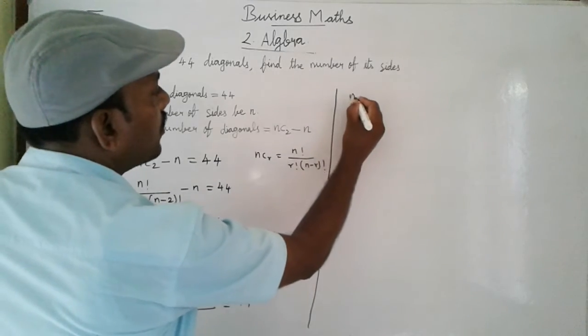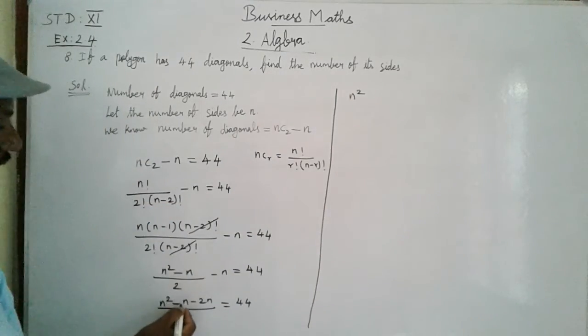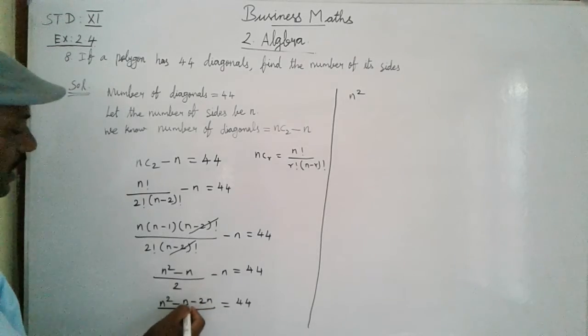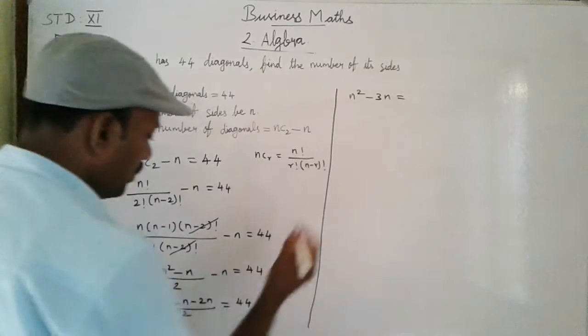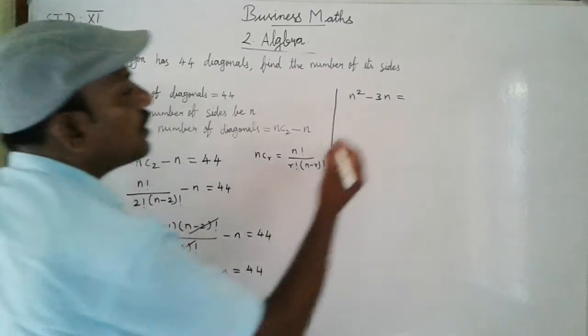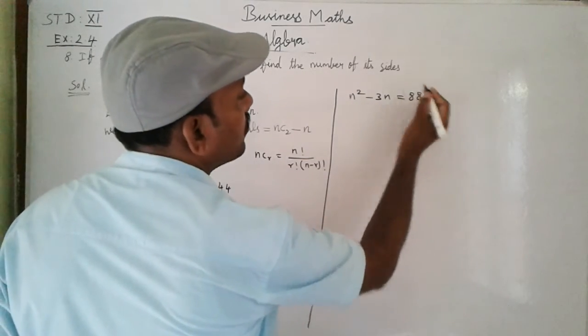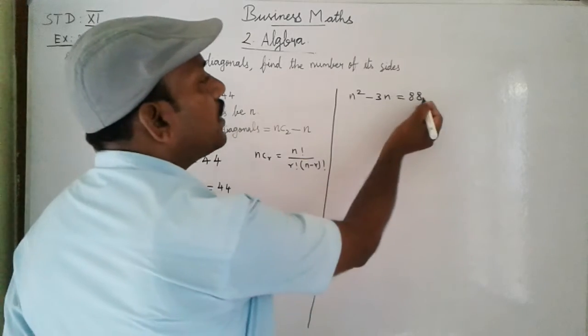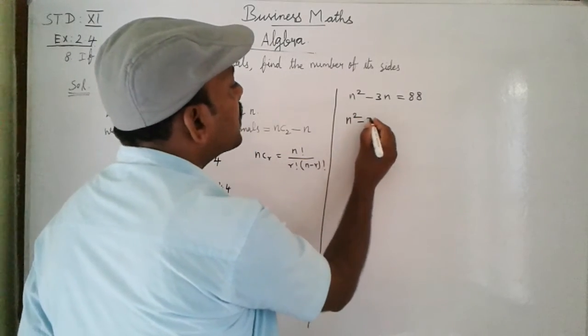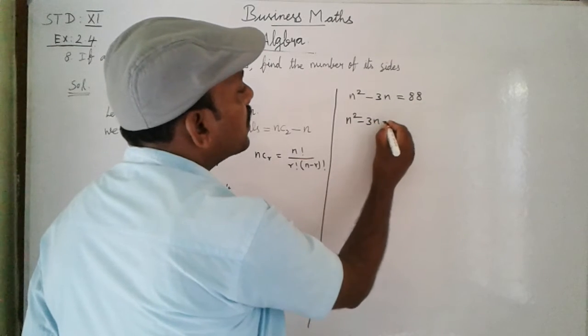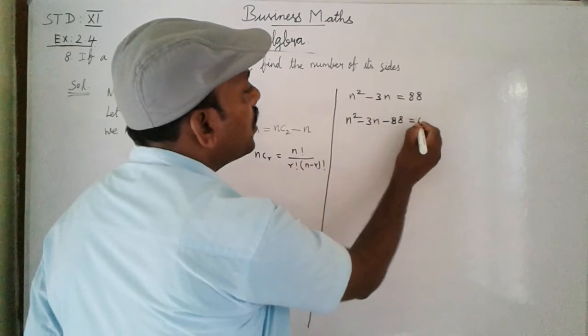So n square minus n minus 2n is minus 3n, equals 88. Taking everything to the left hand side, n square minus 3n minus 88 equals 0.